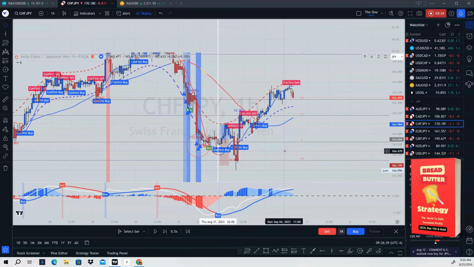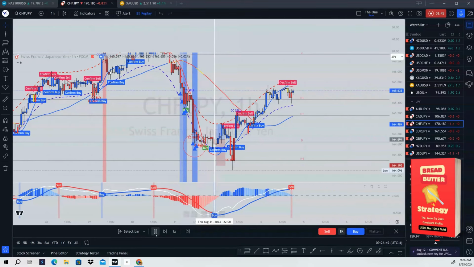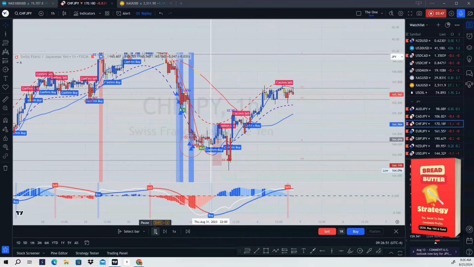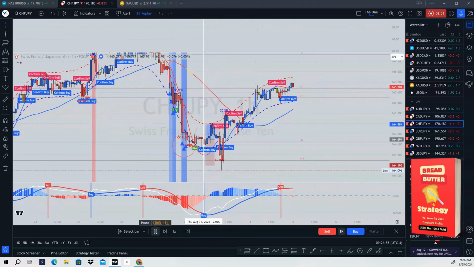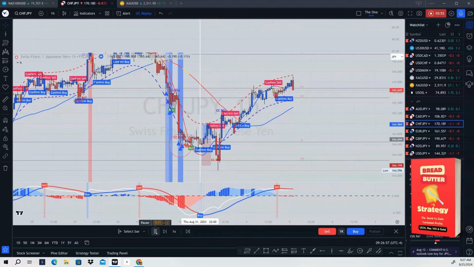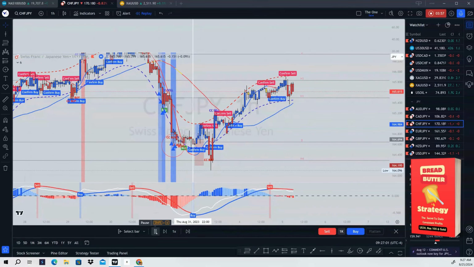Let's see if we can find some more trades using the replay bar. Let's go. Let me speed it up a little bit. So all I'm looking for, guys, is a high probability spike. I'm waiting for an extreme in the market.